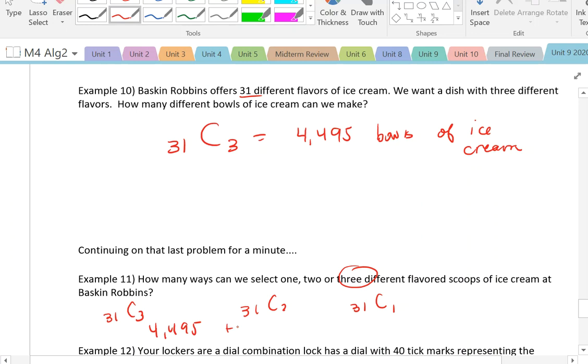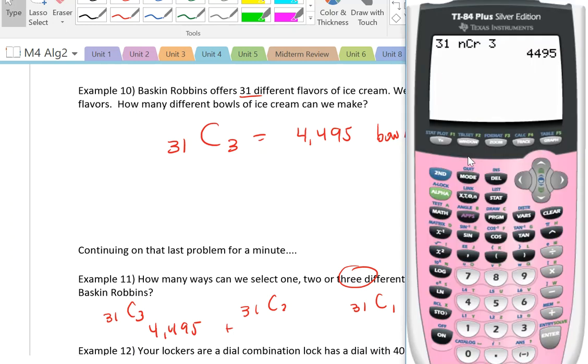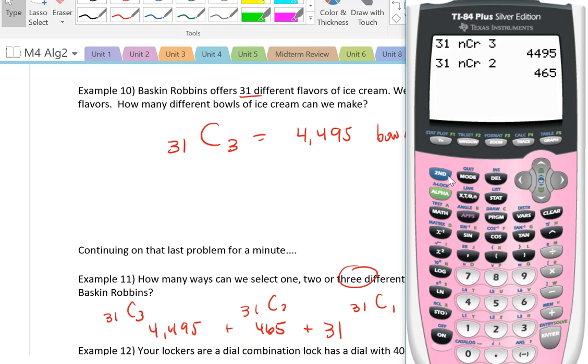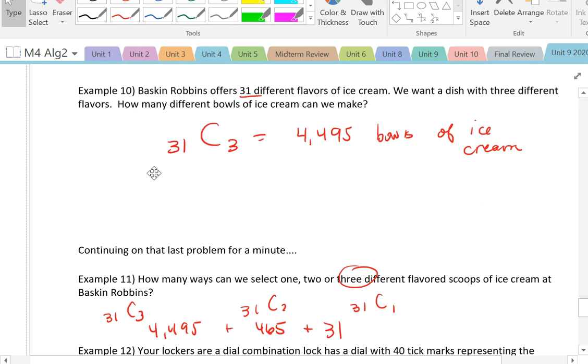Just calculate that. 31 choose 2, copy and paste, is 465. And then 31 choose 1. How many ways can I choose one item? Well, of the 31, there's 31 ways. Boom, 31. Okay.